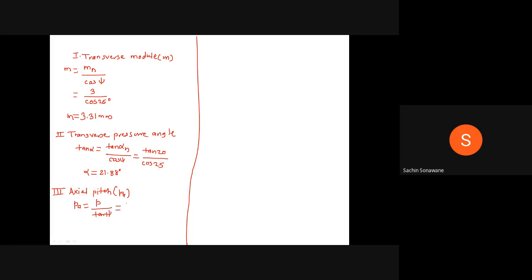Here P means transverse pitch. Therefore, P is nothing but pi into M. So PA is equal to pi M divided by tan psi. Substitute the values: pi into 3.31 upon tan of 25 degree.